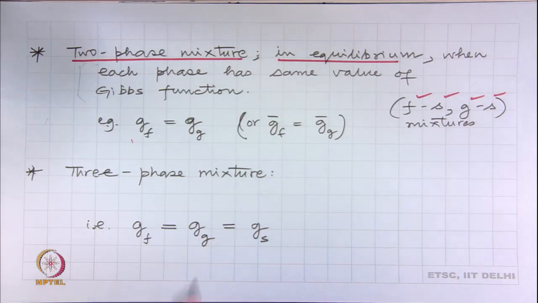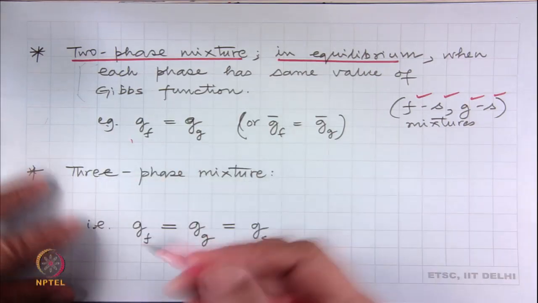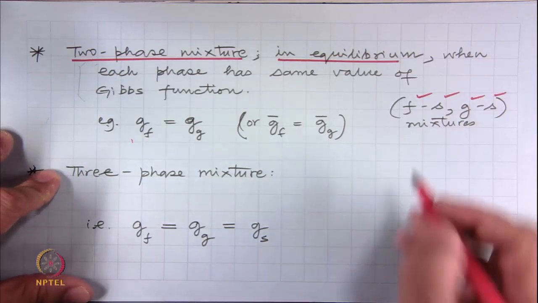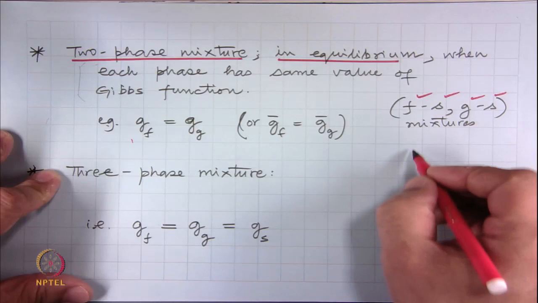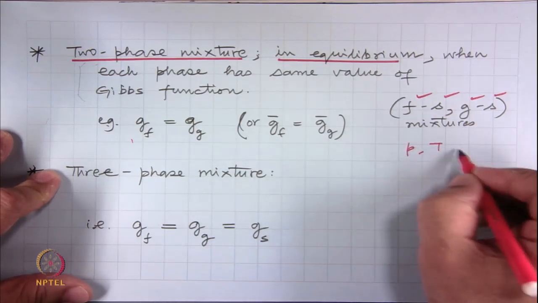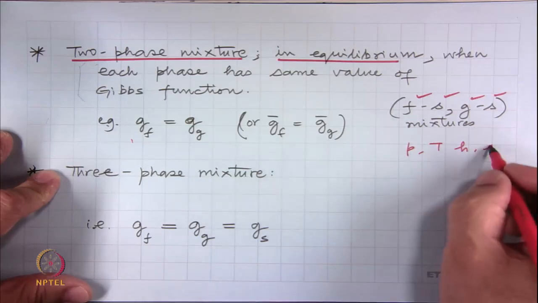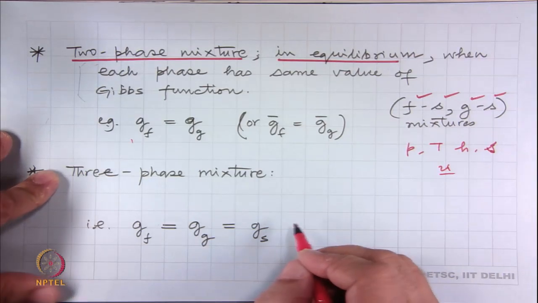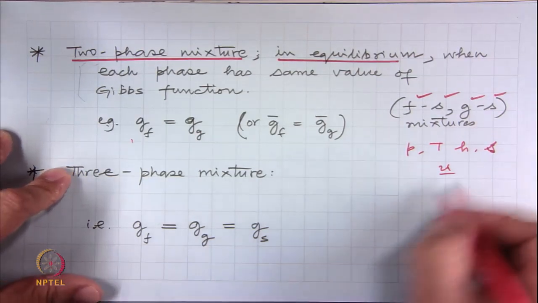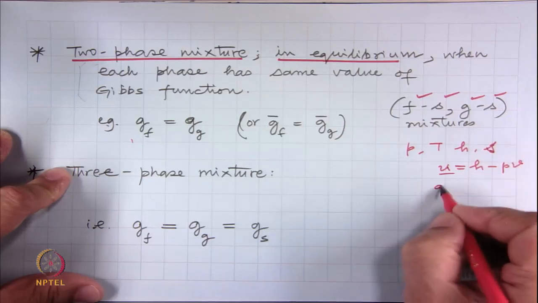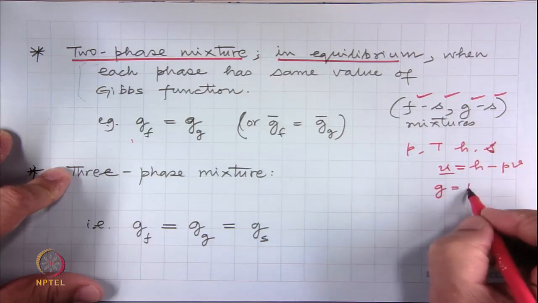So, what it basically tells us is that if we look at the property data that we had looked at right in the beginning, the pure properties of a pure substance, in the property table what was listed was P, T, h and s. In some cases u was also listed, but by and large g was not listed. u was not listed because u could be calculated as h minus Pv, and g can be calculated as h minus Ts.